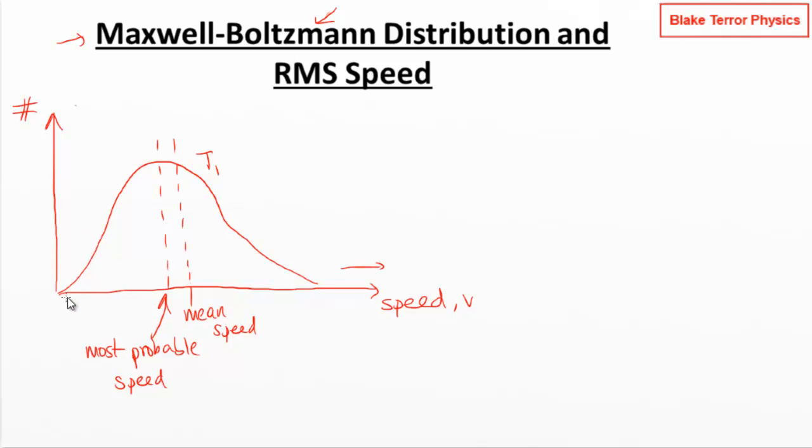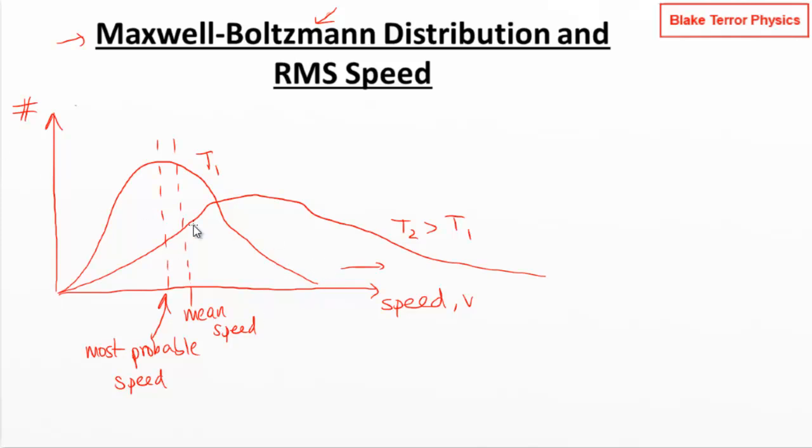There's more energy kicking around, so you're going to get a flatter distribution, which is meant to be a bell shape again. It's just me trying to draw these things. So that will be at a higher temperature. It's spread out. You've got a greater range of speeds, which of course means it's got to flatten out because you've got to have the total number of particles being the same if this is the same gas that you've just heated up.